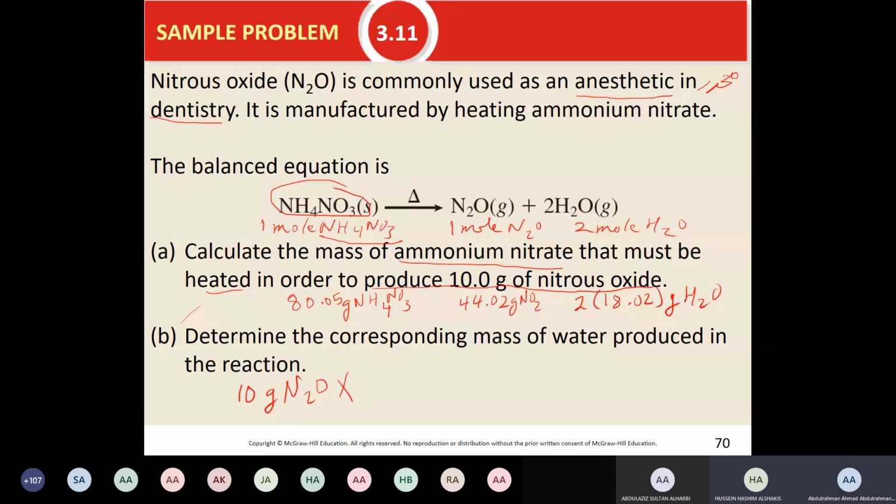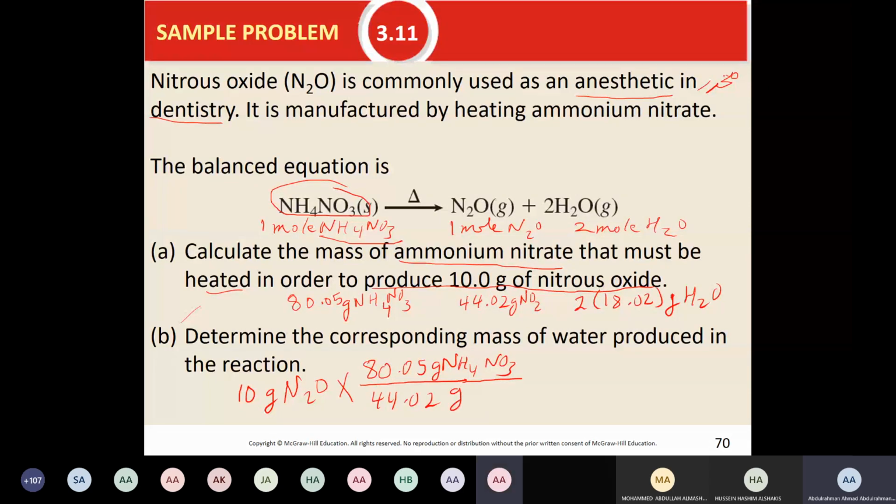What should I write at the top and the bottom? At the top 80.05 gram NH4NO3, divided by 44.02 gram N2O. Gram N2O will go with gram N2O.